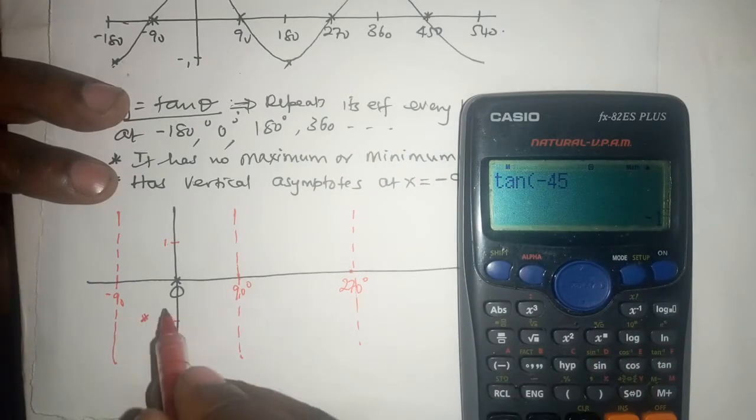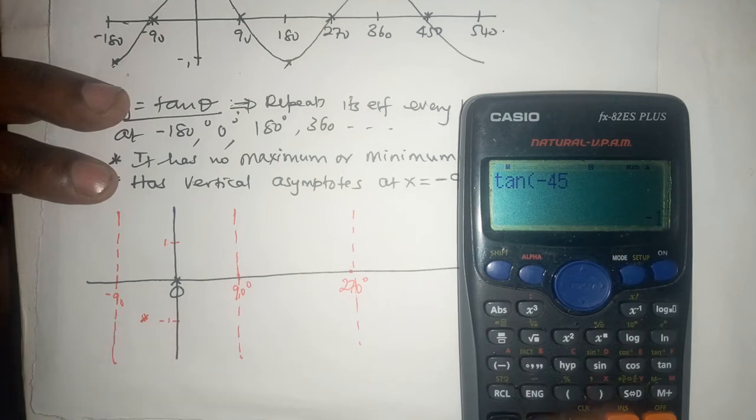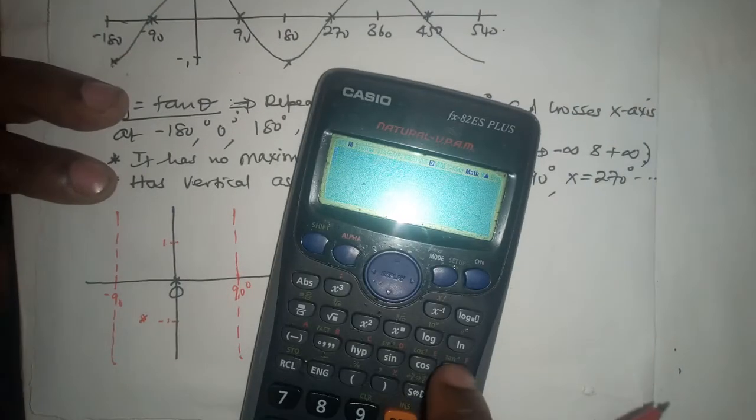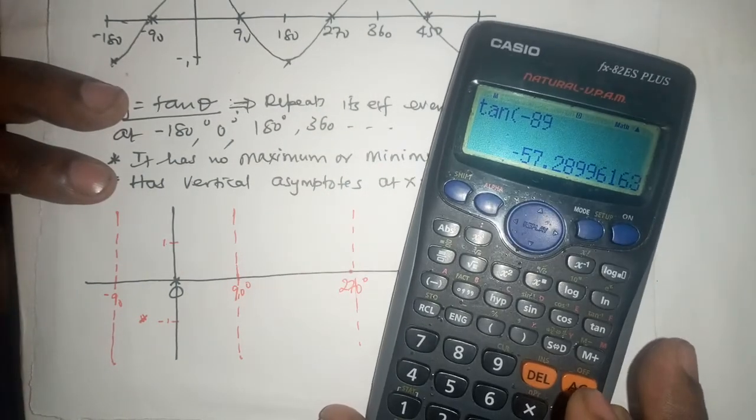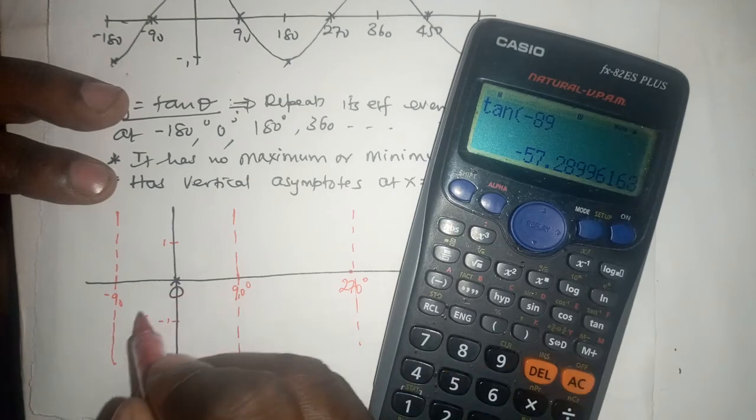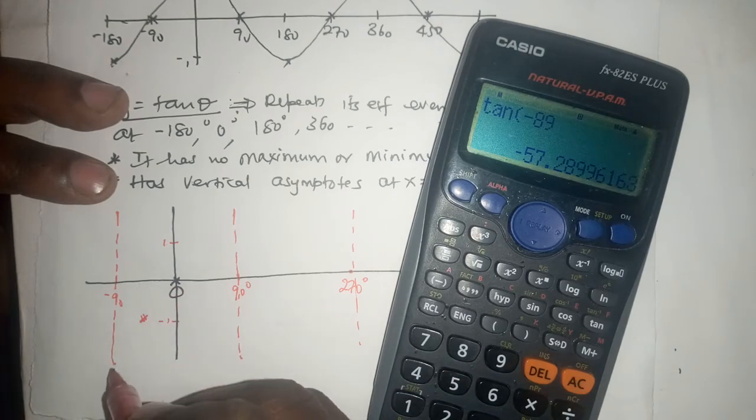And as theta approaches negative 90, let's talk about negative 89. What is the tan of negative 89 degrees? It's negative 57.3. Negative 57 is so much down here that it is not possible to show it in this graph.